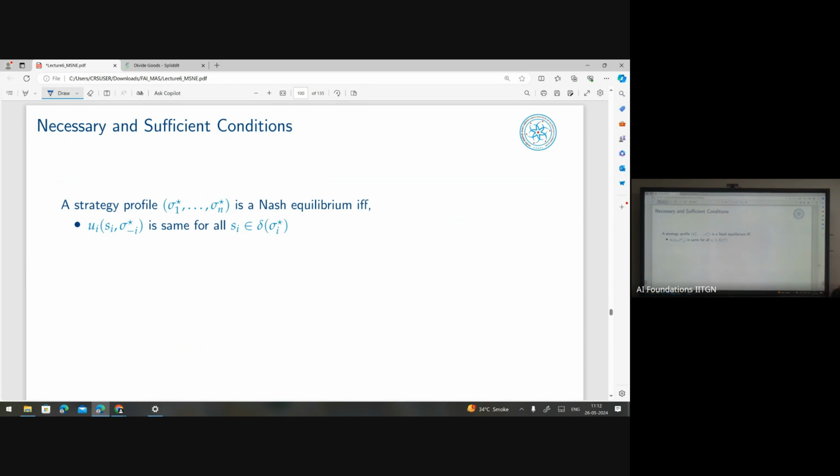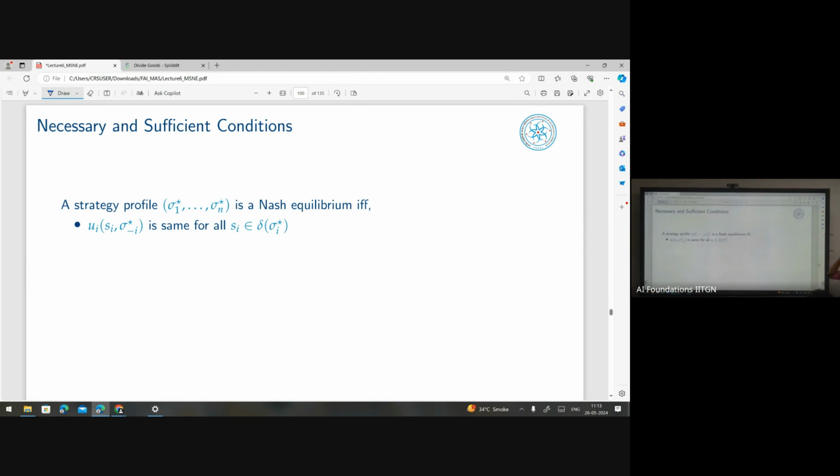So the first condition is that for every strategy that belongs to the support of this mixed strategy, for every strategy for which the agent i assigns positive probability, the utilities must be the same across all those strategies. That is the first criterion, because that's how we have defined MSNE.